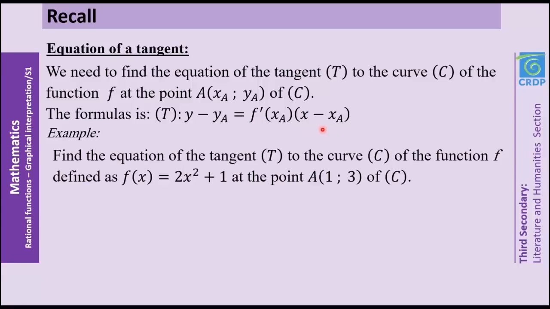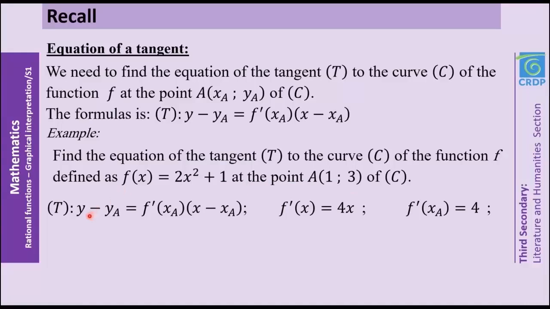Let's solve an example. In this example, we need to find the equation for the tangent, and we have the function f of x equals 2x squared plus 1, and the point A of abscissa 1 and ordinate 3. So again, we need to go back to the equation: y minus y of a equals f prime of x of a times x minus x of a.